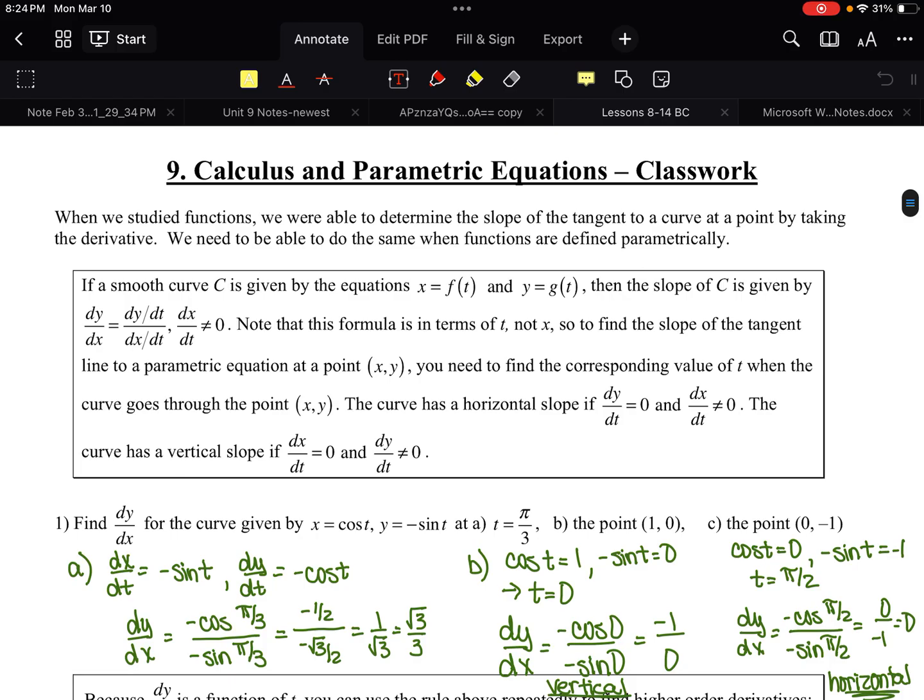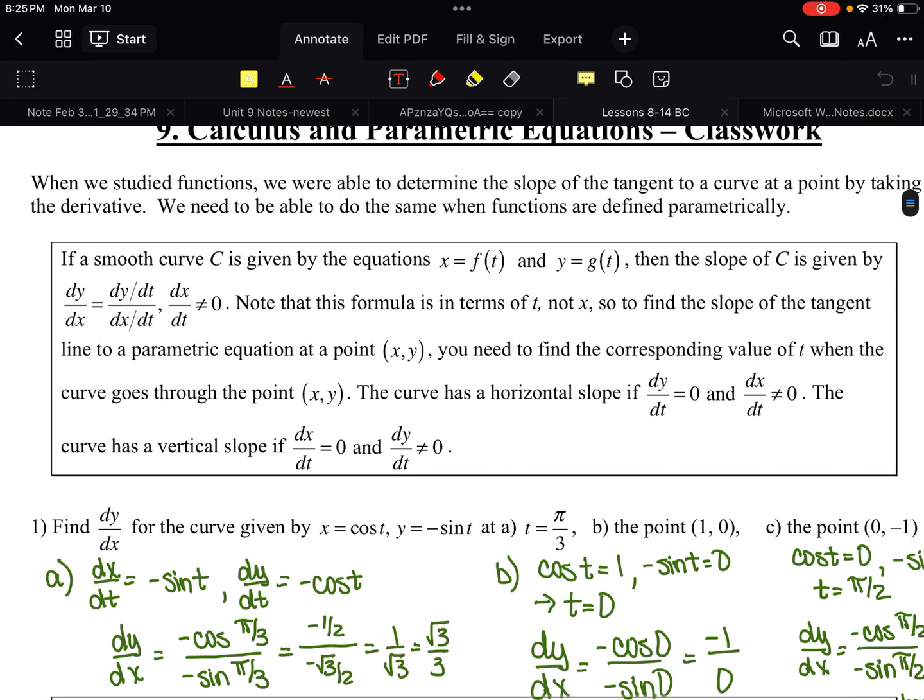So what we're starting out with first is, how do you find the derivative of parametric equations? Parametric equations are actually two separate functions. I've got x, an equation in terms of t, and y, a different equation in terms of t.